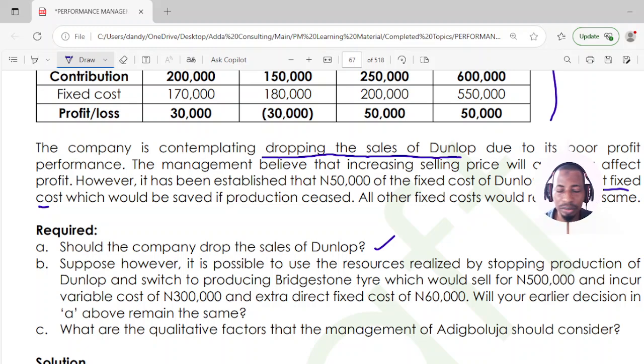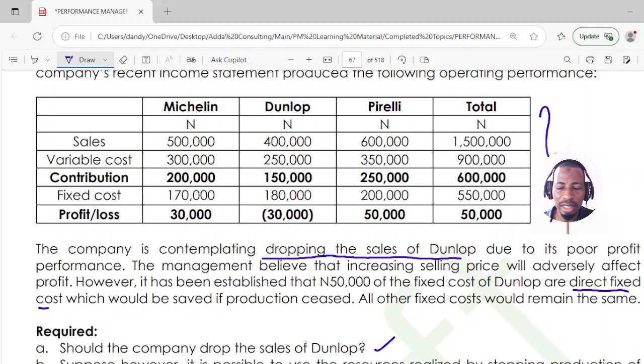That is the question. So in the A requirement, you are to advise whether the company should drop the sale of Dunlop. Under this situation, what are you supposed to do? Very simple. Just compare the sales value versus the relevant cost of making Dunlop, because the affected segment is Dunlop.